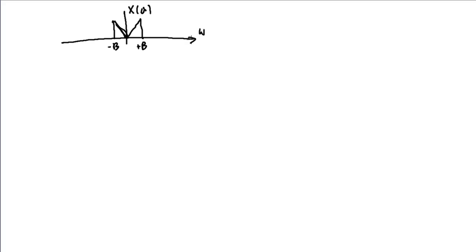And then now, referring back to my x over bar of omega, it's an infinite sum of shifted versions of x of omega. That's actually k times omega s, k going from minus infinity to infinity.